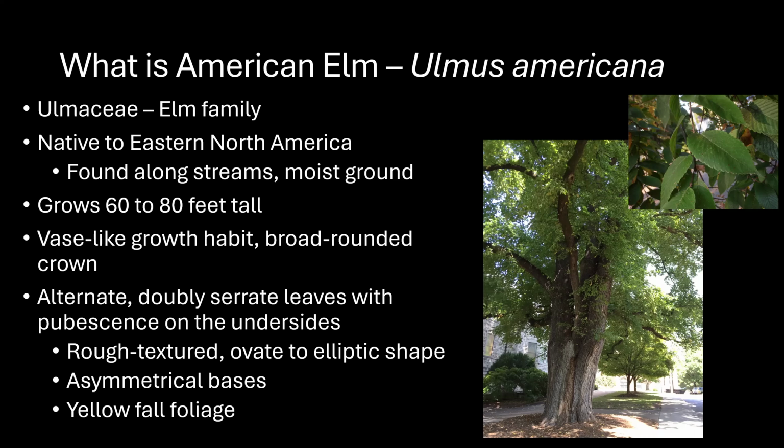When it comes to the native range of American elm, pretty much it was found all across the eastern half of North America. So pretty much anything east of the Mississippi, you were going to be seeing American elm in our woodlands. Primarily, you're going to see elm along stream banks and more moist ground.